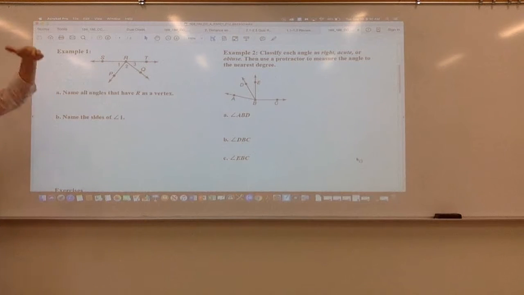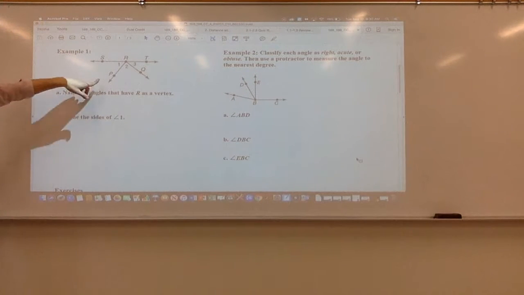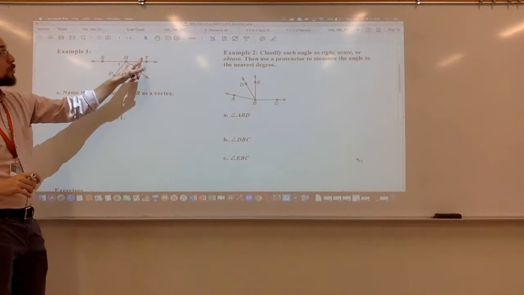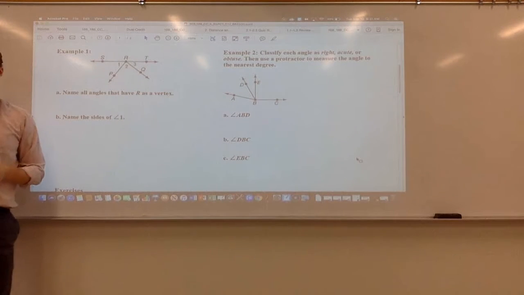Now, in that last example, we said you could name an angle just by the vertex, so we called that one angle A up there. What if I just say angle R down here? We have no idea what angle we're talking about. So in a diagram where there are multiple angles, I have to use 3 letters to name the angle. I can't just say angle R.